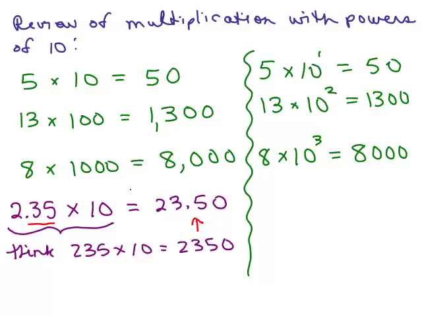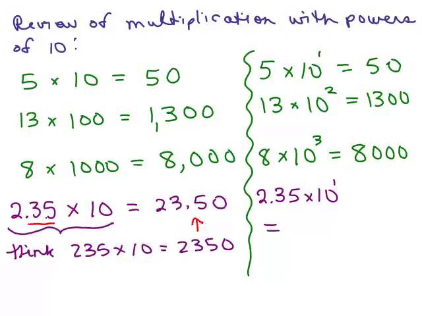Now what would be a simpler way of doing this? 2.35 times 10, if this was written as times 10 to the first, what you can do is take where the decimal point is right now and move it one space to the right. That's what happened here, right?